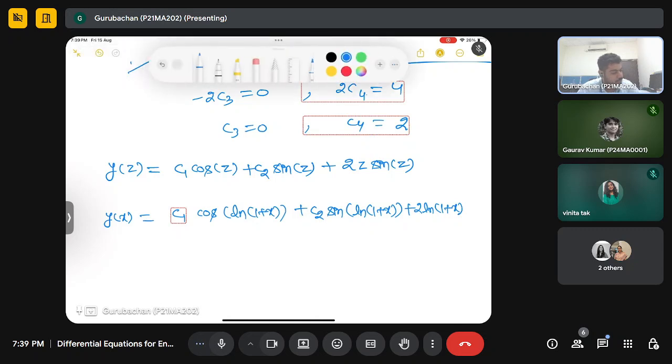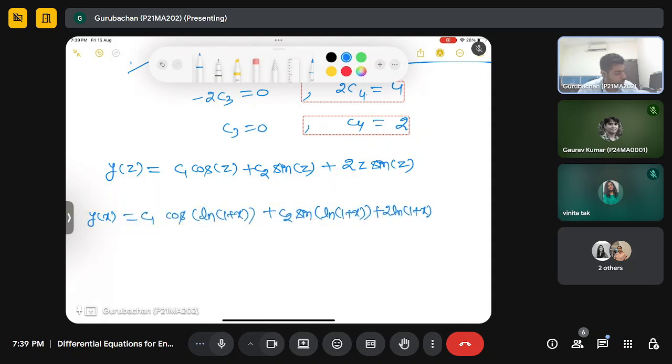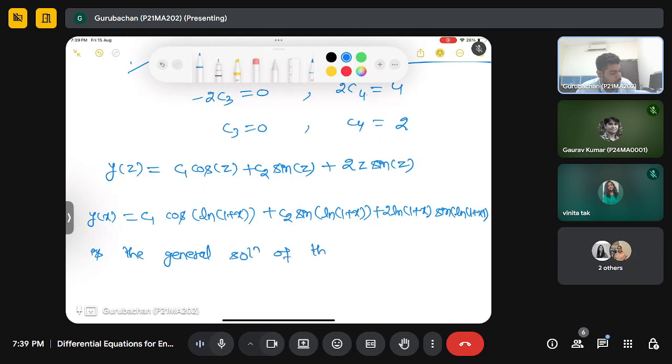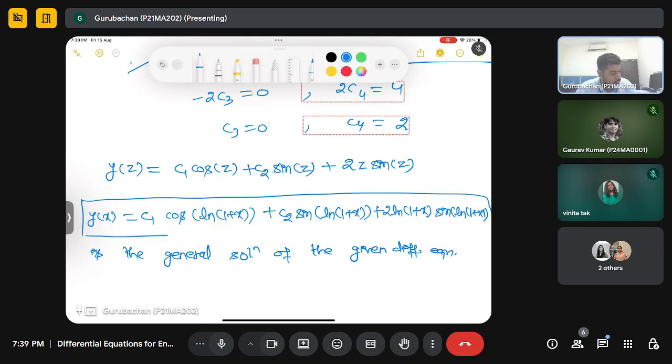Let me rearrange it a little. This is the general solution of the given differential equation.